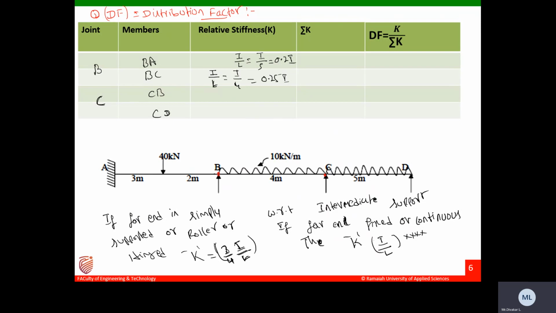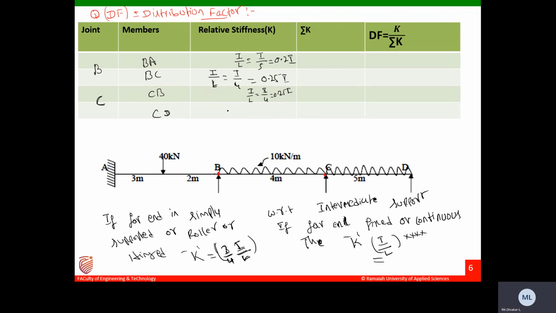With respect to C, B is continuous. So the relative stiffness will be I by L. So this is also I by L, I divided by 4. It is 0.25 I.